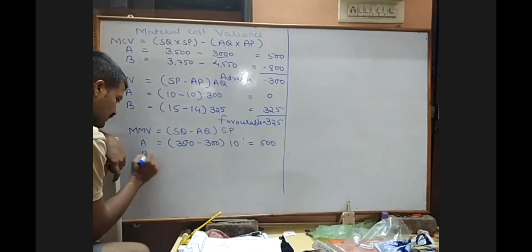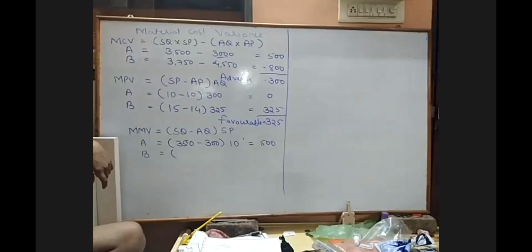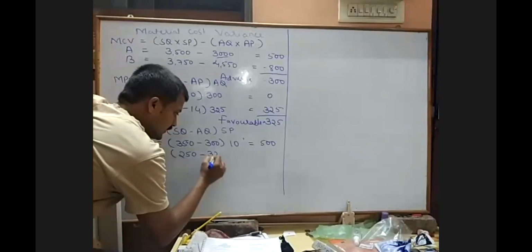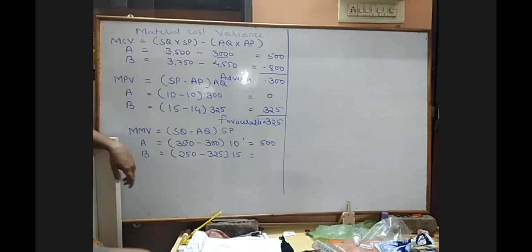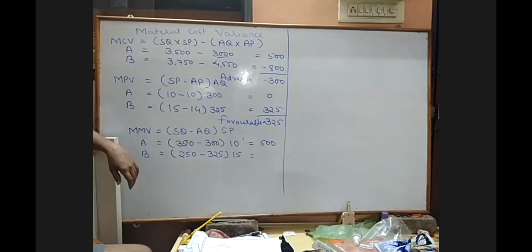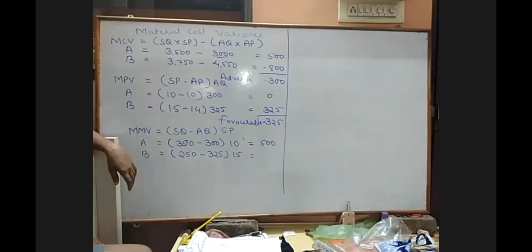The next is B. For B, it is 250 minus 325 multiplied by 15. I think it is 15. Now, anyone who can tell me what will be the value? That is 75 into 15.